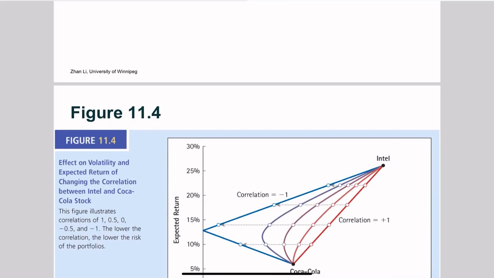variance. So let me remind you the formula.